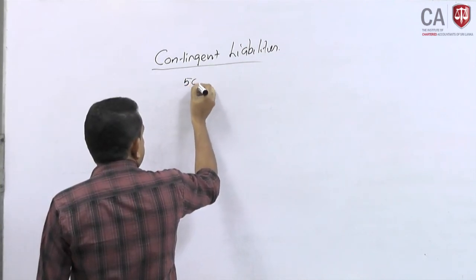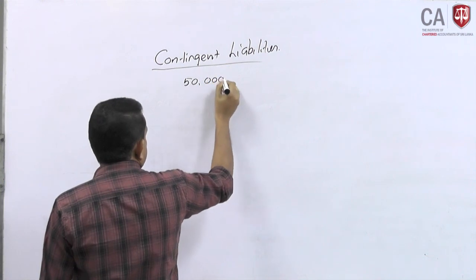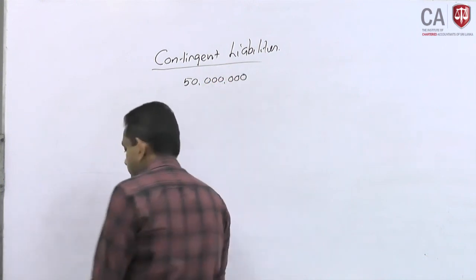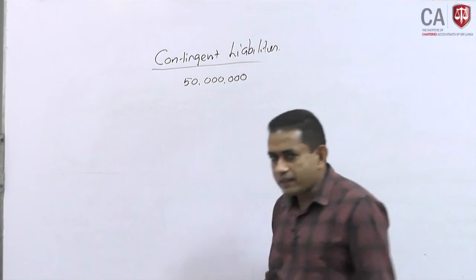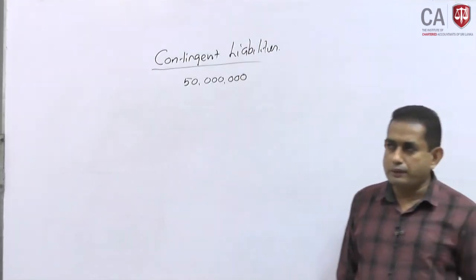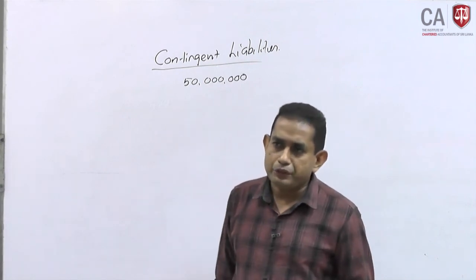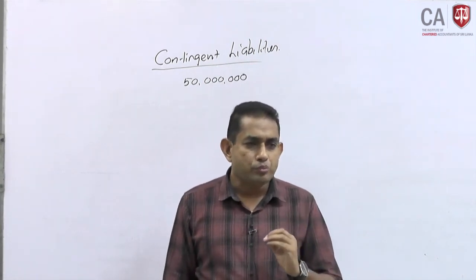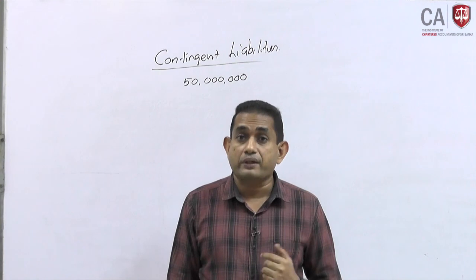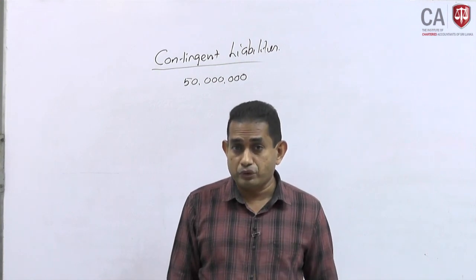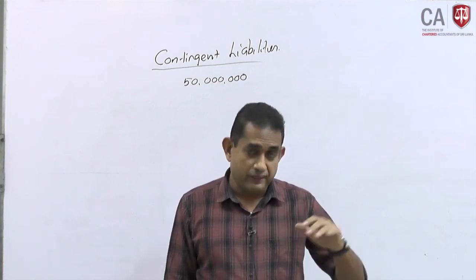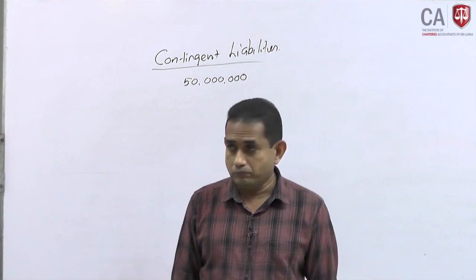The grant given to us is 50 million rupees. And there are conditions attached to the grant. What is the condition? The government says you not only should create 500 employments, you should maintain that over 5 years time.